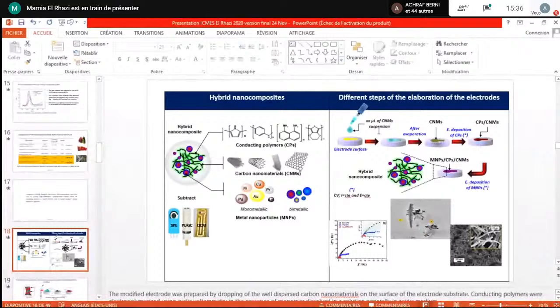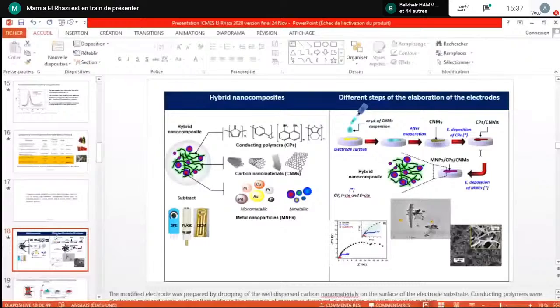For this, we can use polypyrrole, polyaniline, or polydiaminonaphthalene, or also polyphenylenediamine. And the polymerization can be carried out using different modes: cyclic voltammetry, potentiostatic mode, or also galvanostatic mode. And by using galvanostatic or potentiostatic mode, the time to prepare our polymer is very short.